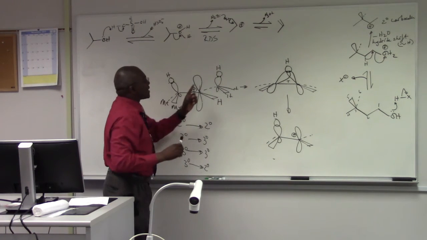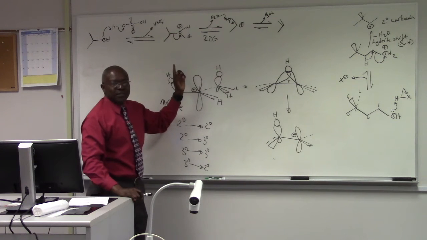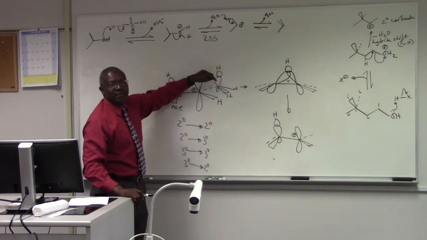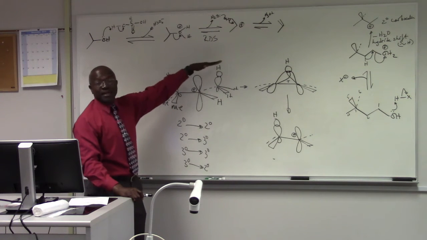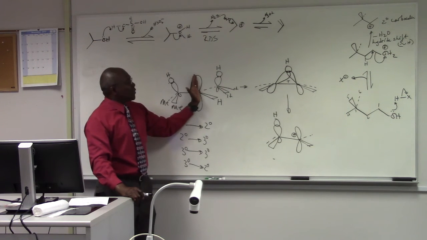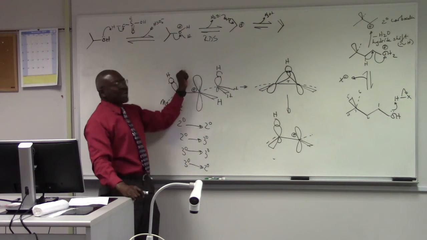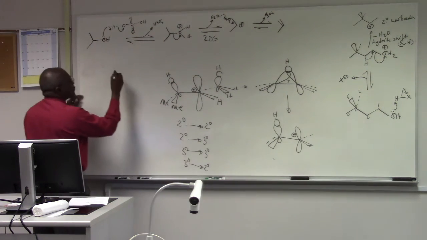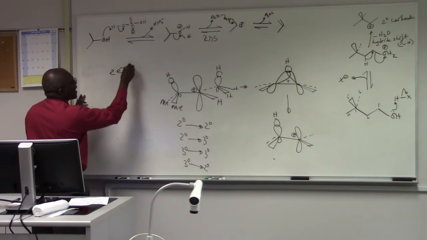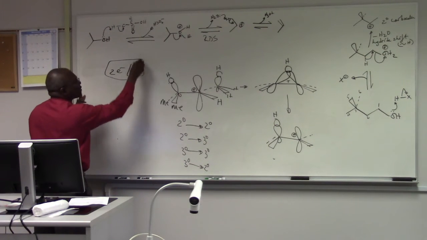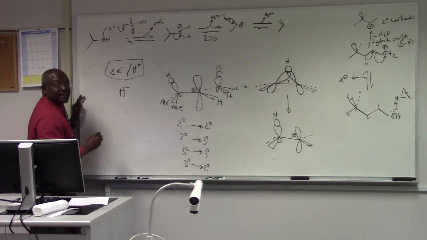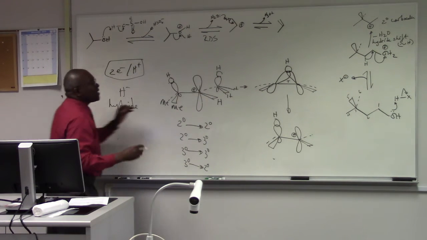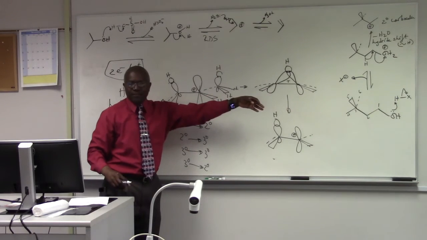Now, if you notice, when this H moves, it really moves as two electrons followed closely by H+, because the p orbital leans over, grabs electrons and yanks them, and then the H follows behind. So really, in a sense, we're moving two electrons and an H+ all together. Well, that's really H-. That really is hydride, which is why these are called hydride shifts.